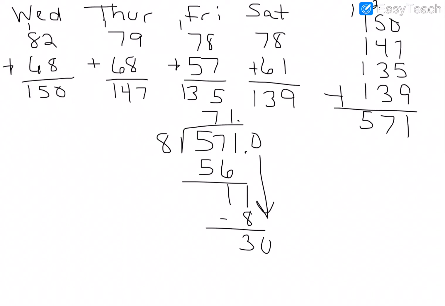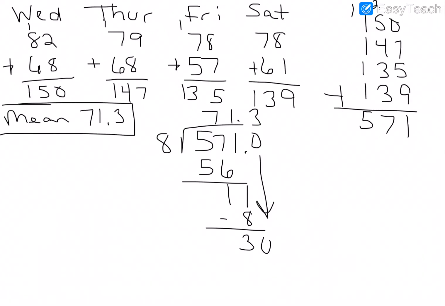Eight goes into 33 times. I'm going to stop right there. So my average temperature on these 4 days over 2 weeks is 71.3. Okay, so that's my mean.